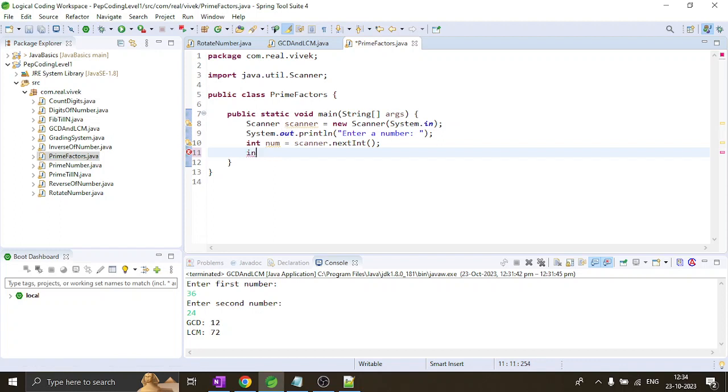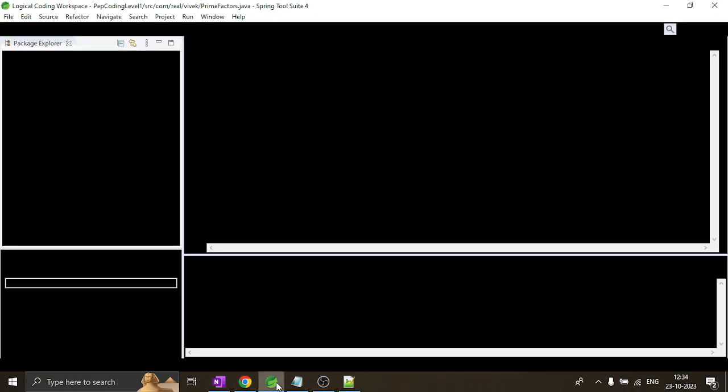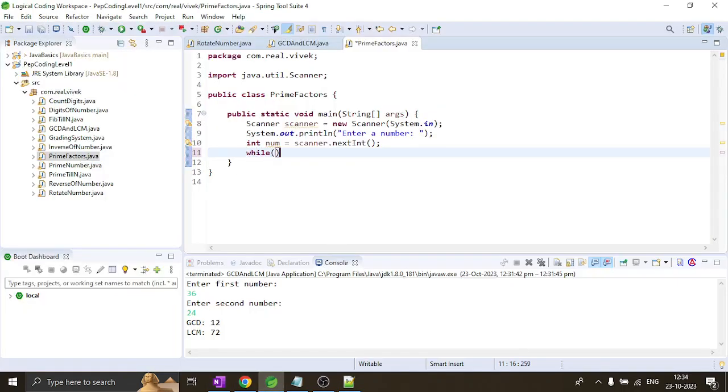And we have to divide till that number is not 1, while num is not equal to 1, right? And we have a counter variable, the divisor. So we start with 2 and we keep on increasing it.